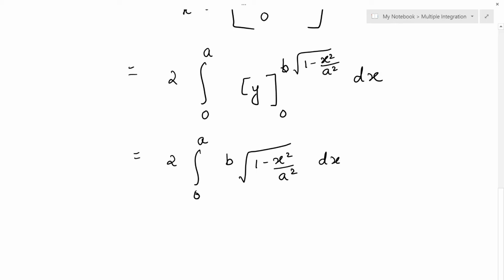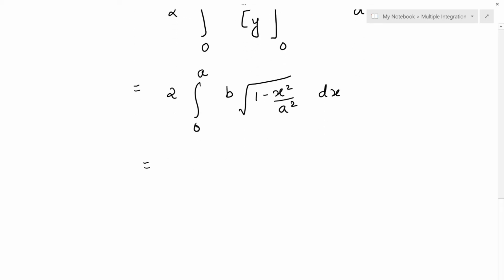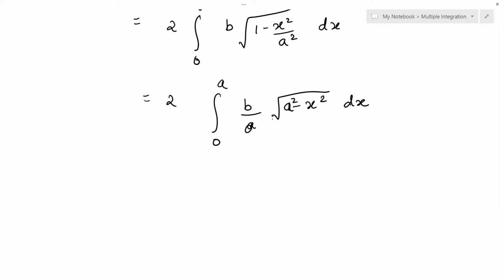You can simplify this as 2 into 0 to a, under root of a square minus x square. I have just cross multiplied, and under root of a square is a. I have taken that outside. So 2b upon a will come outside the integration.